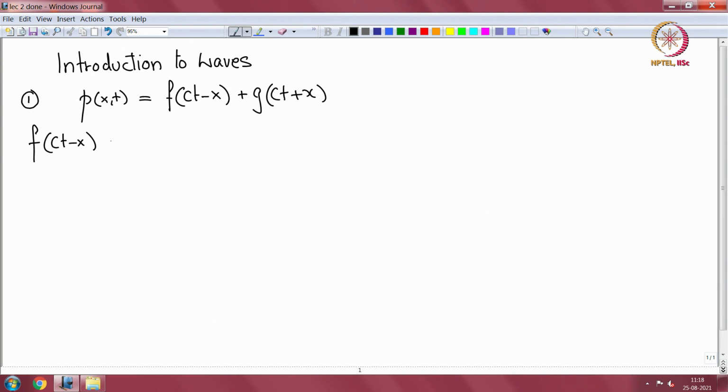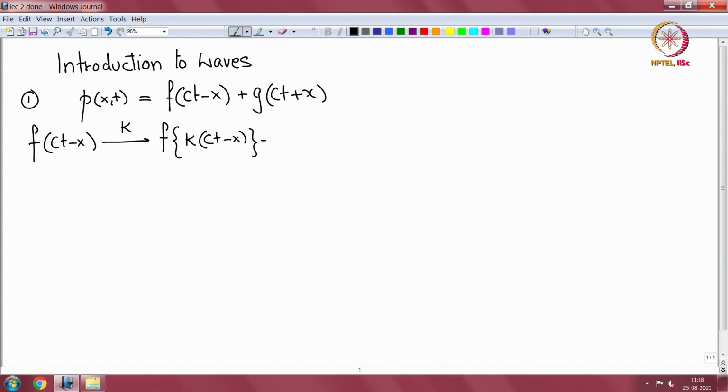Suppose I multiply within the argument a k. So this becomes f of k Ct minus x. K is a constant. So in every derivative on the left or right of the wave equation, k falls out and cancels out, does not matter.